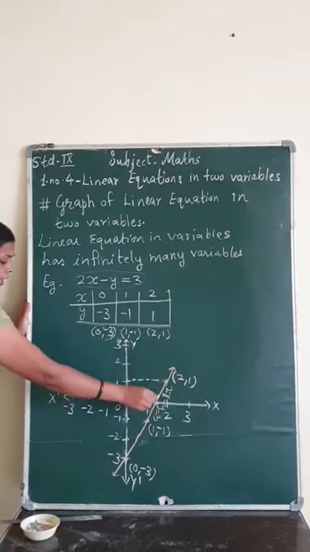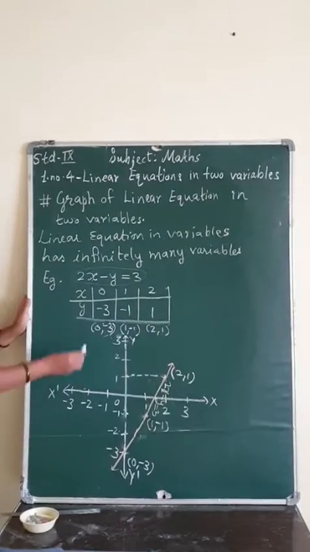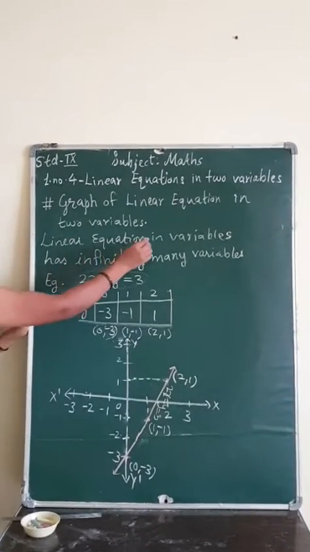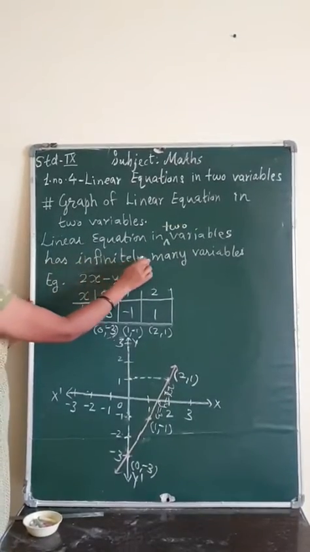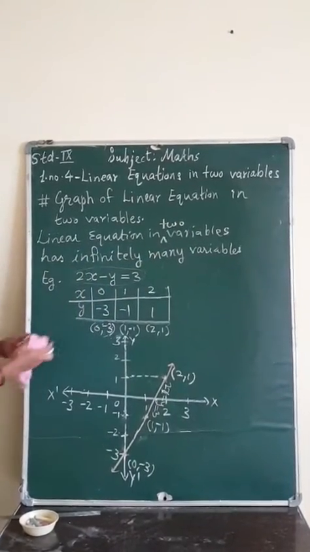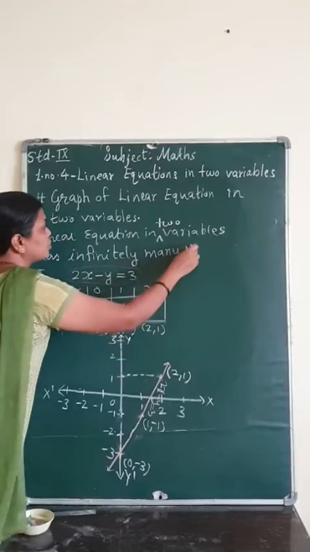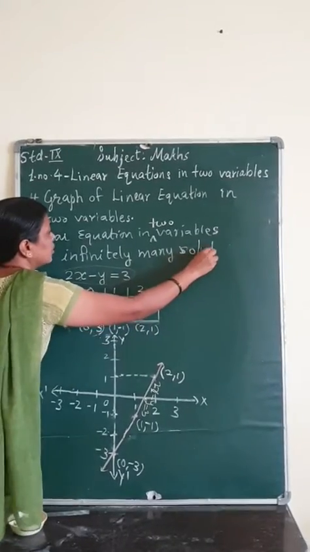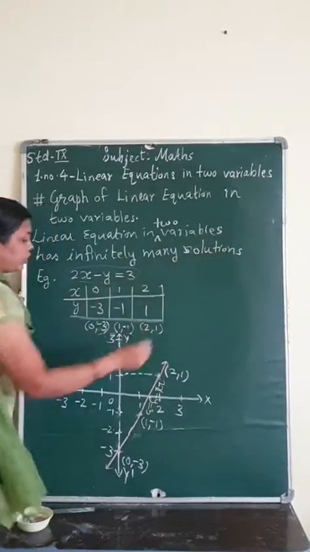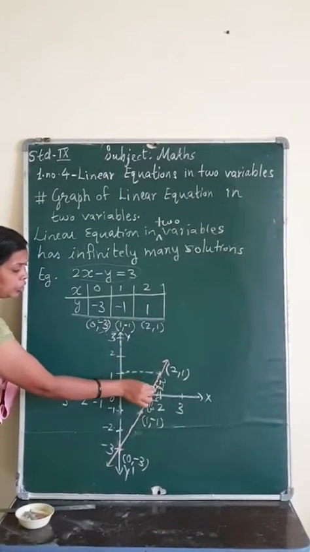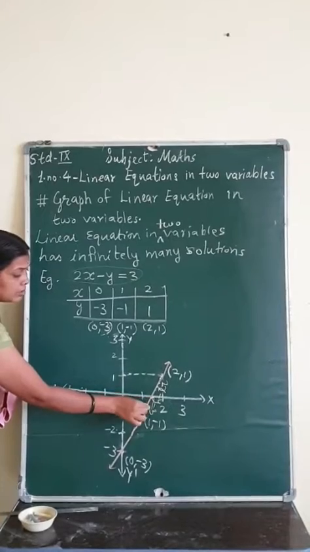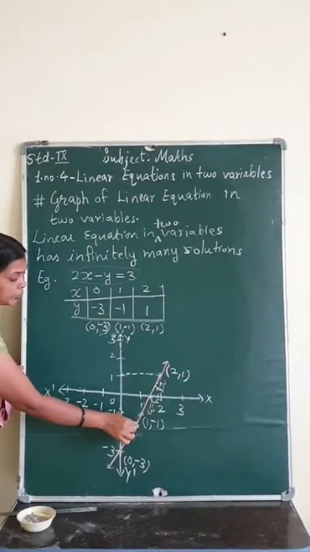From this straight line, we can say that a linear equation in two variables has infinitely many solutions. Which are the solutions? Each and every point on the line is a solution of the linear equation.